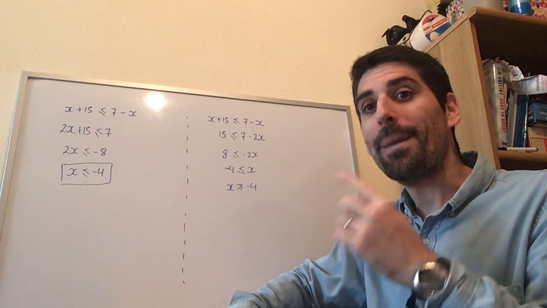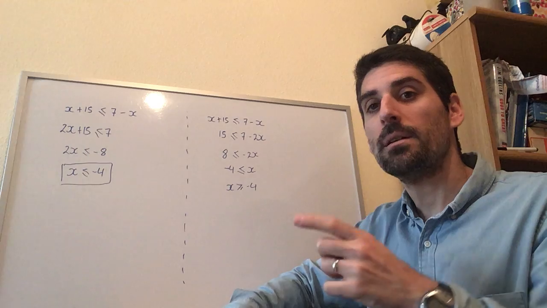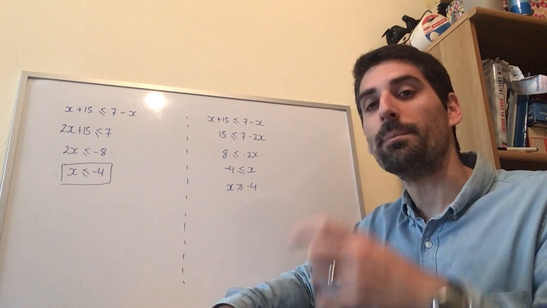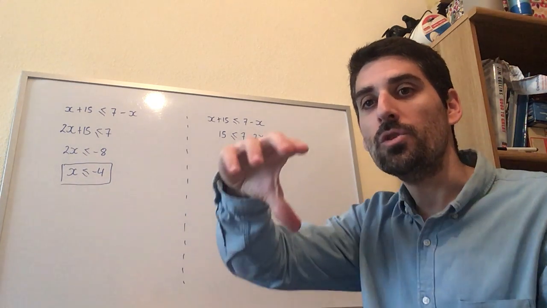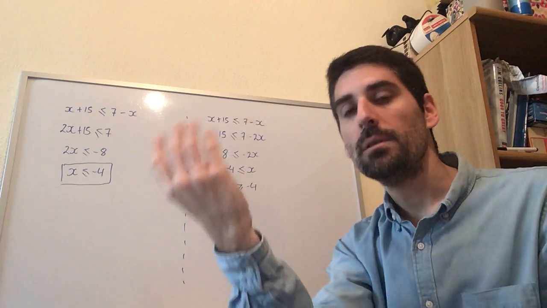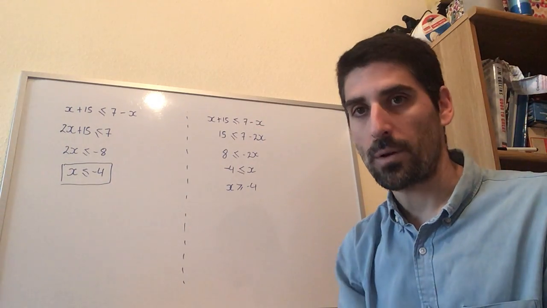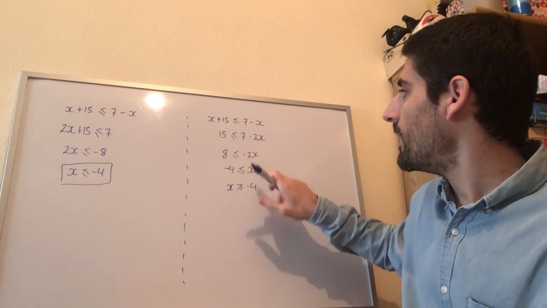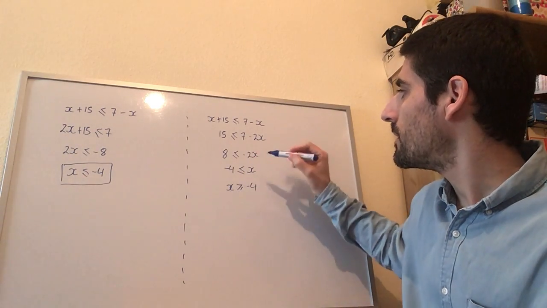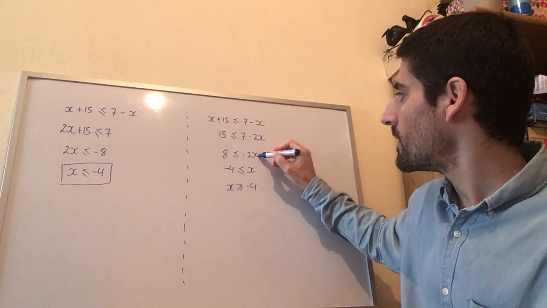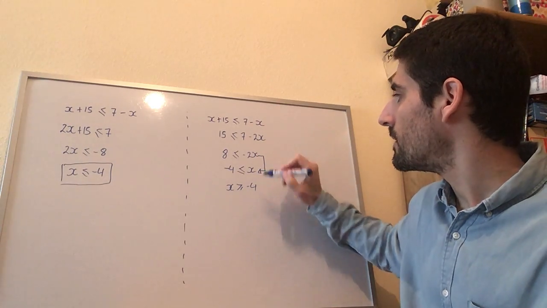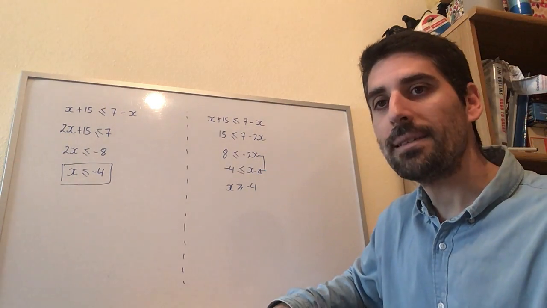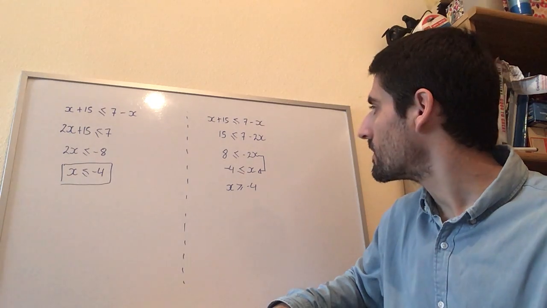Whenever you multiply or divide both sides of the inequality by a negative number, you need to flip around the direction of the inequality. So in this step here, when I went from here to there, I didn't change the direction of the inequality.